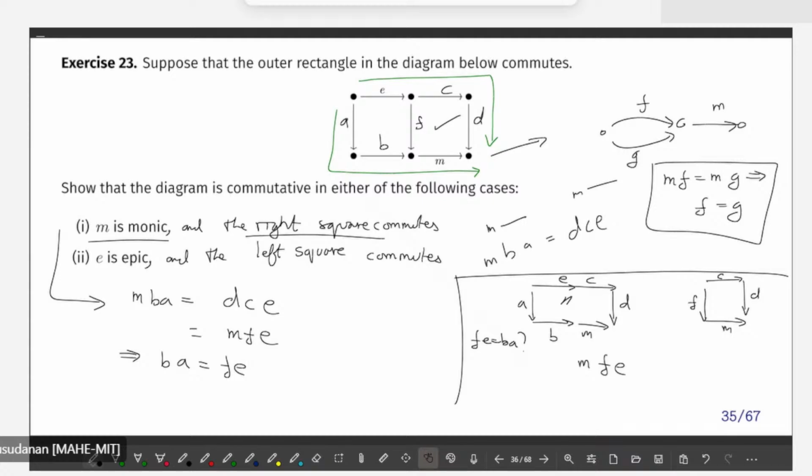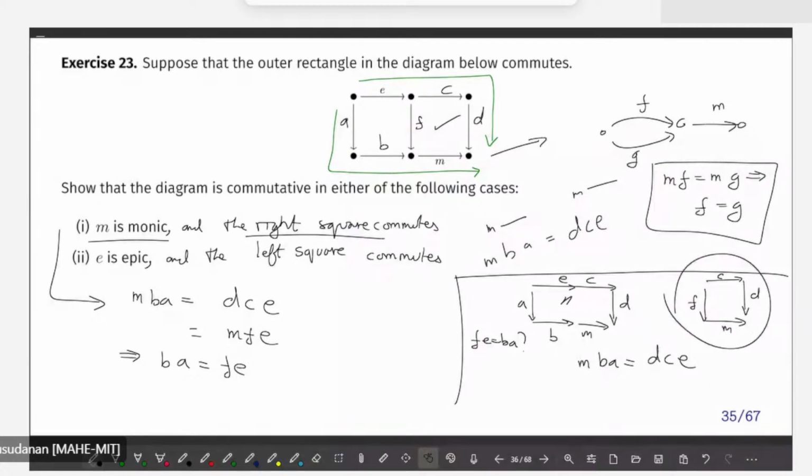So I'd start with MBA, because what I have is this rectangle. And that is equal to DCE because of the commutativity of the rectangle. So MBA is equal to DCE. Now I can use this smaller square.